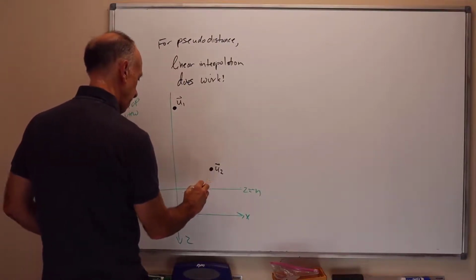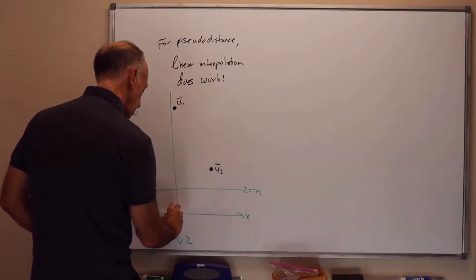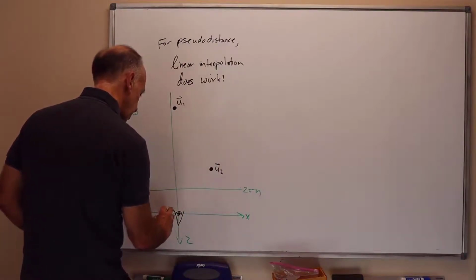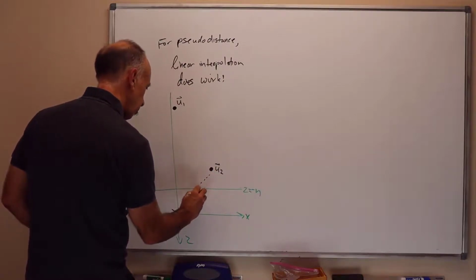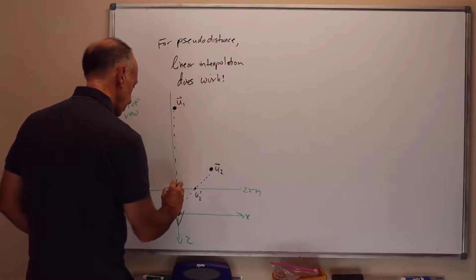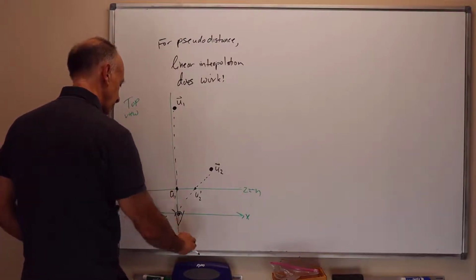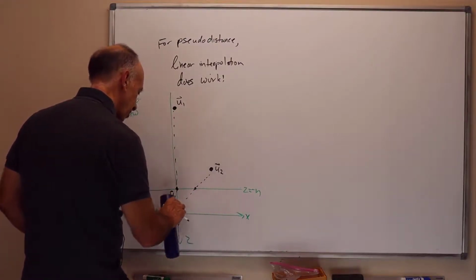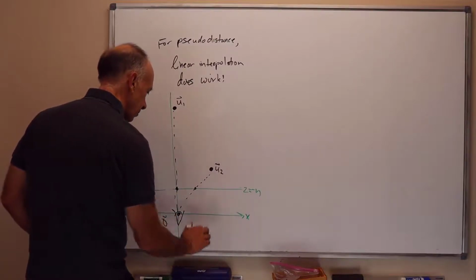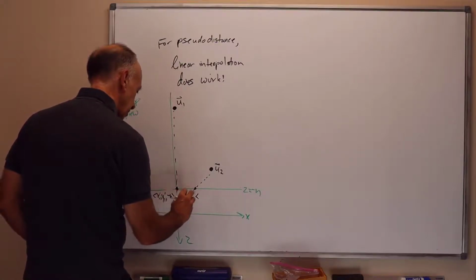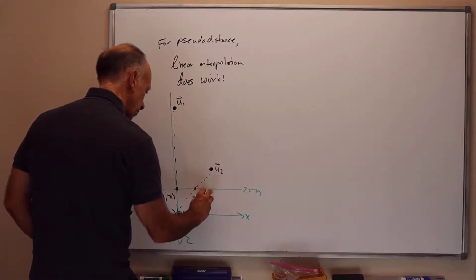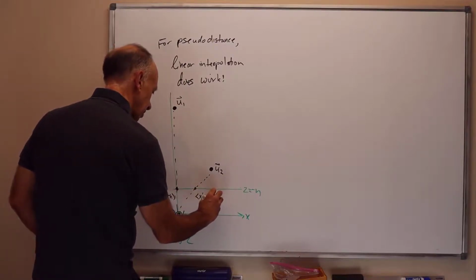And the viewer is at the origin. We project down to the points U2 prime and U1 prime. Well, strictly speaking, these are not U2 prime and U1 prime. These are x1 prime, y1 prime, minus n, and x2 prime, y2 prime, minus n.